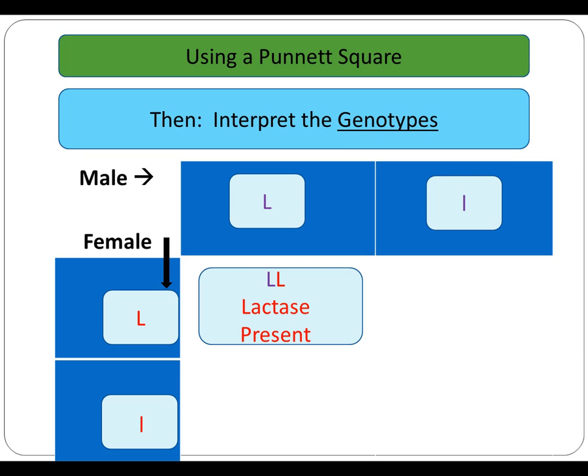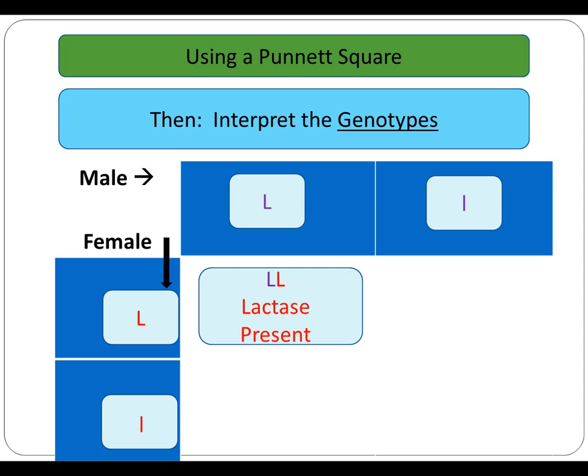What if we go to the next scenario where the male contributes a dominant and the female contributes a recessive? Heterozygous, and we still see the lactase present. Let me go over to the third column.